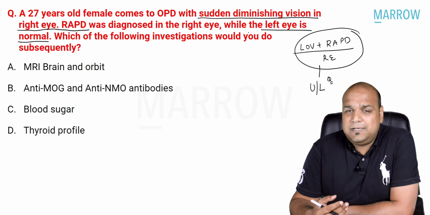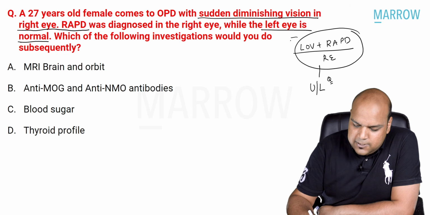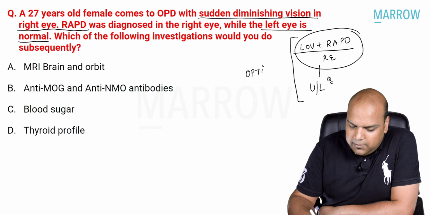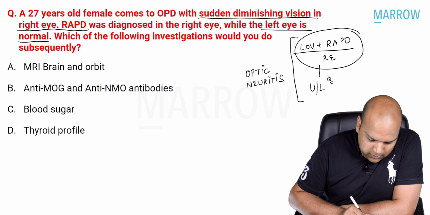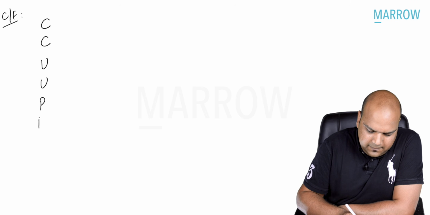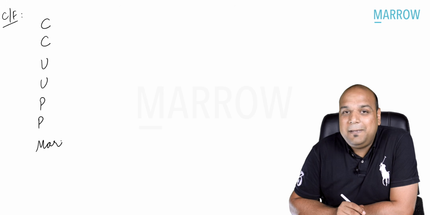Alright, so we need to do investigations based on the history and the presumptive diagnosis. As soon as I say unilateral loss of vision with RAPD, the first thing that comes into our mind, I hope everybody, is optic neuritis. Why do I hope that? Because I hope you remember the clinical features of optic neuritis, by the mnemonic that I have always said, 2C, 2U, 2P, mar.